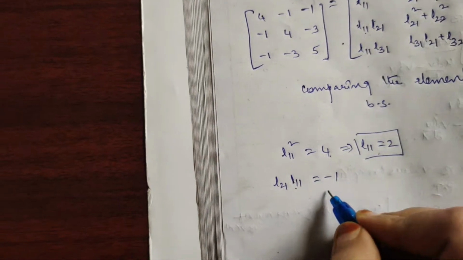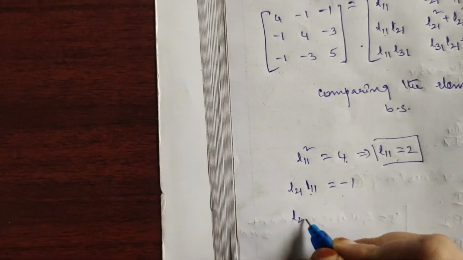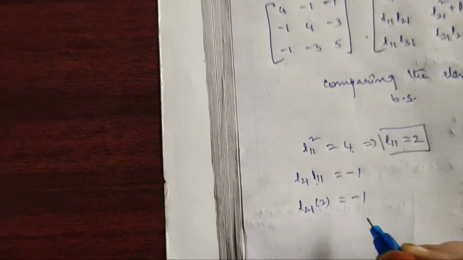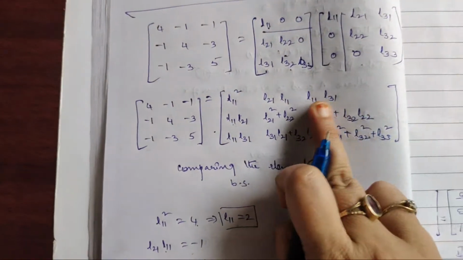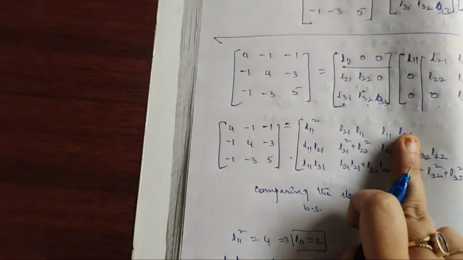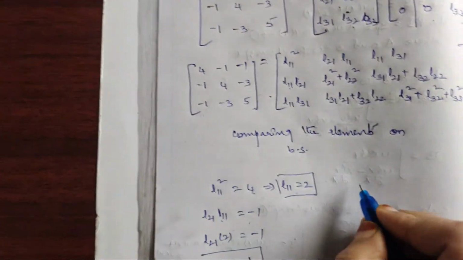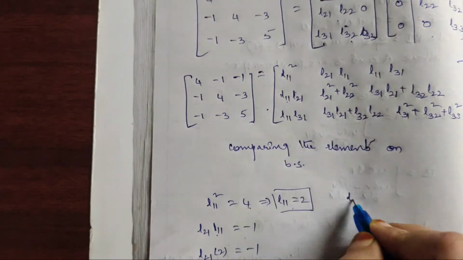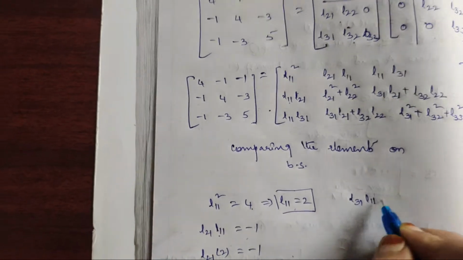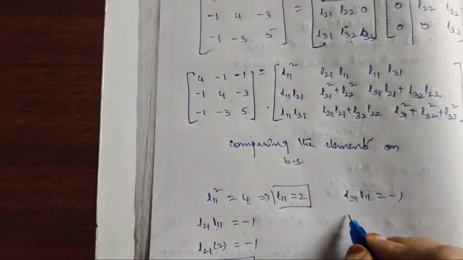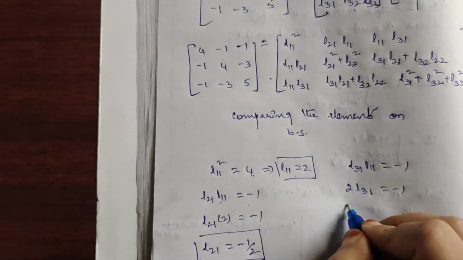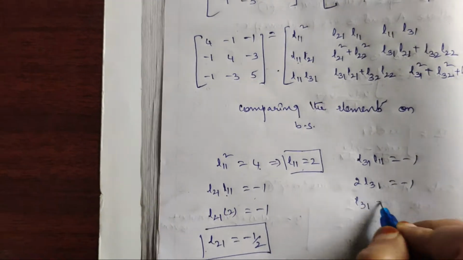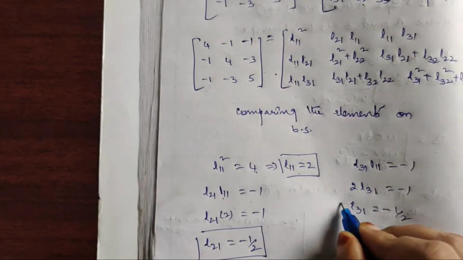Then we use this value here: L21 into 2 equals minus 1, so L21 equals minus 1/2. Next, L11 into L31 equals minus 1, so 2 L31 equals minus 1, and L31 equals minus 1/2.